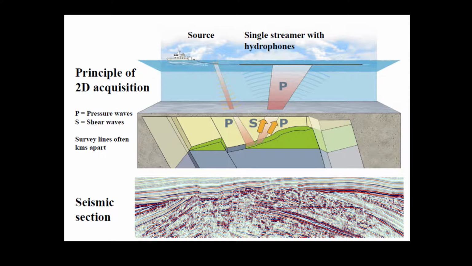If, however, there were a structural feature, such as the scattering points outside the acquisition plane, out-of-plane reflections from these scattering points would also be recorded. The presence of reflections from out of the plane is one of the inherent problems with 2D seismic data.